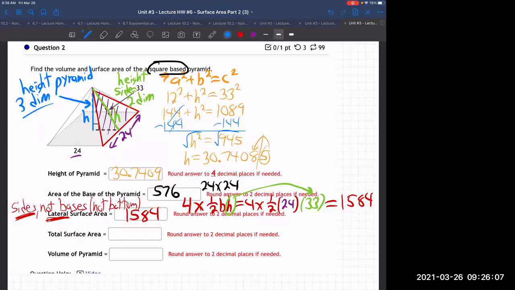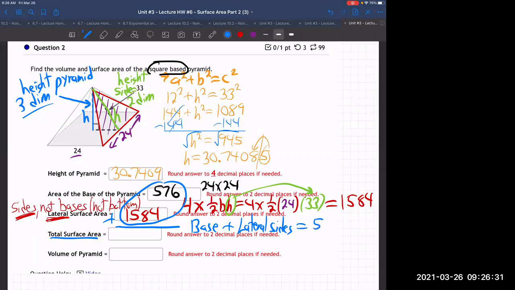Okay, now how do we find the total surface area? Well, that's going to be the base plus, or let me just circle them both. It's going to be these two added up, isn't it? Because it's just the base plus the lateral sides. That's the total surface.